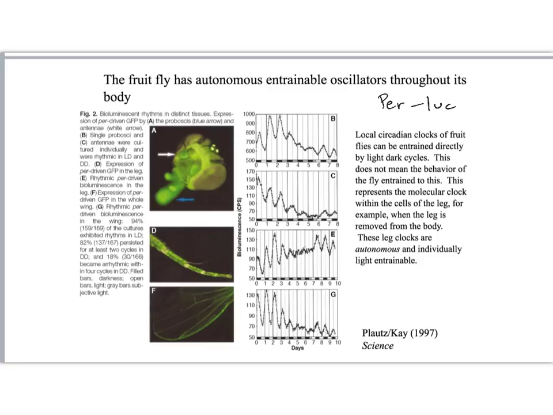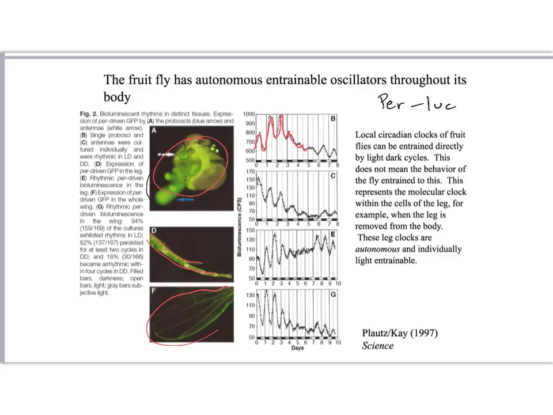You can dismember this poor fly in many ways, and then you can either have the head alone, as shown here, or you can have an antenna, as shown here, a wing, and then you can put them on a dish, keep them alive, and measure per luminescence, per-driven luminescence rhythm. And you can see that they can show beautiful rhythms.